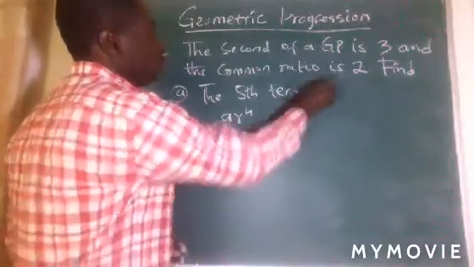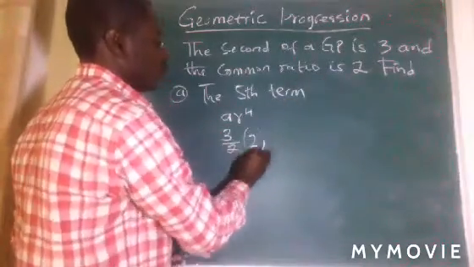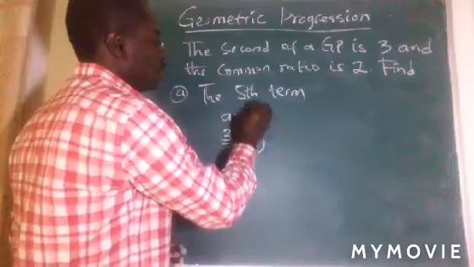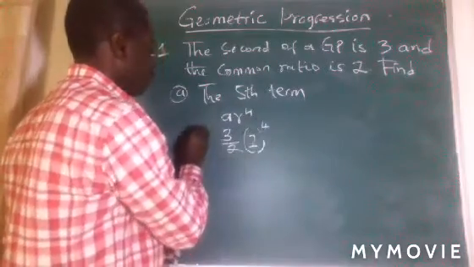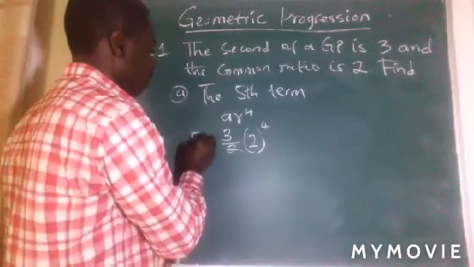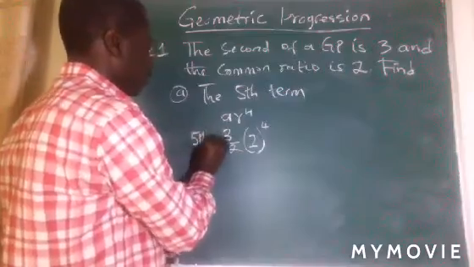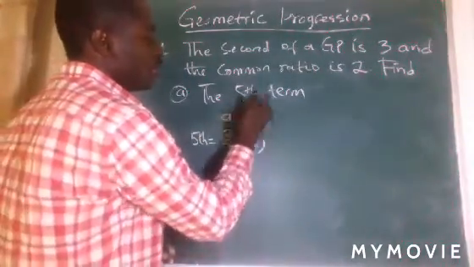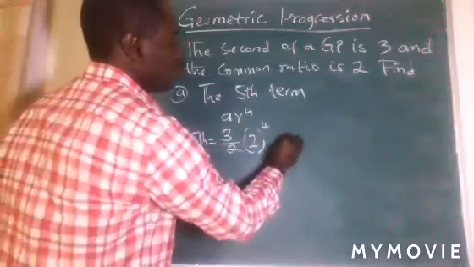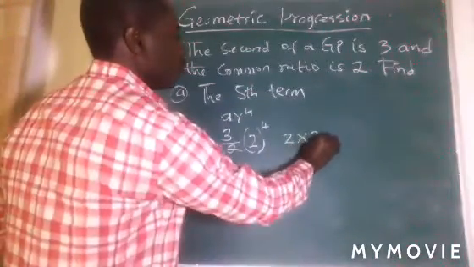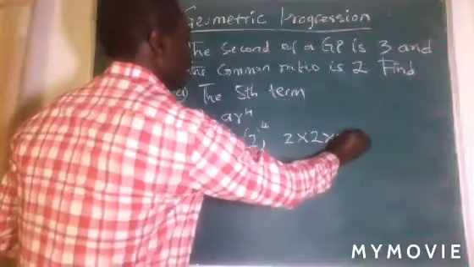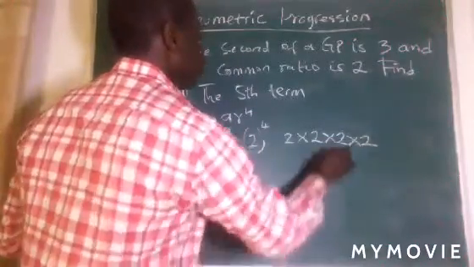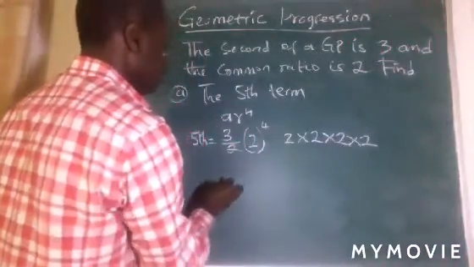The common ratio is 2, raised to the power 4. So 2 raised to the power 4 simply means 2 times 2 times 2 times 2, which is equal to 16.